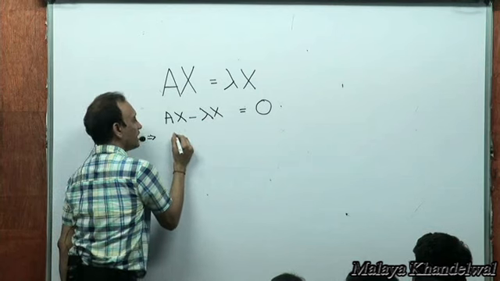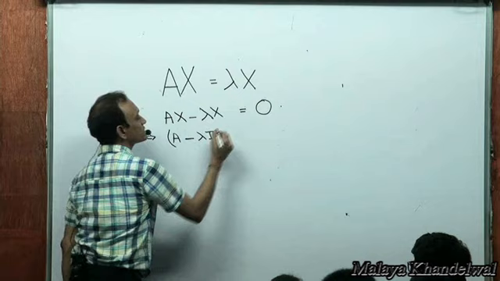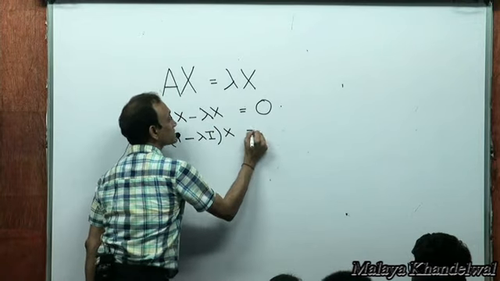This is like A minus lambda times a unit matrix into X, that's 0.